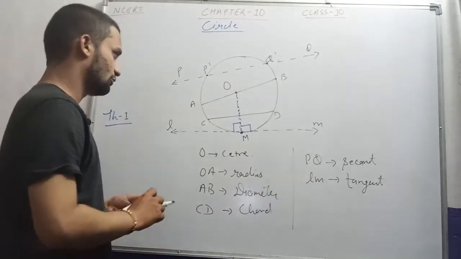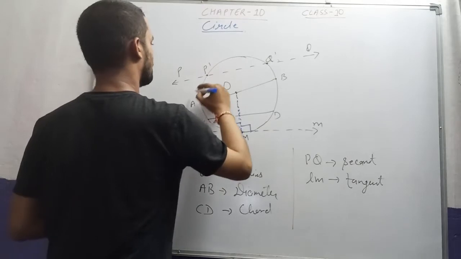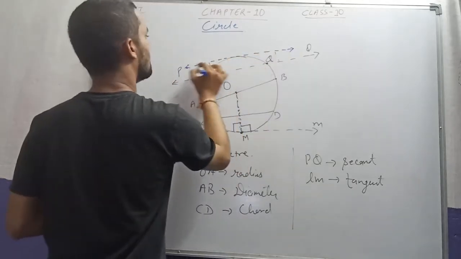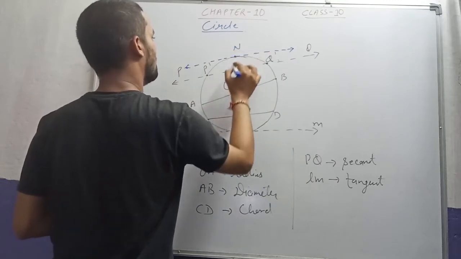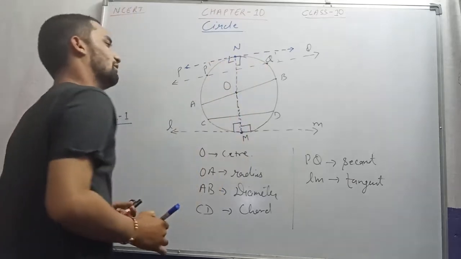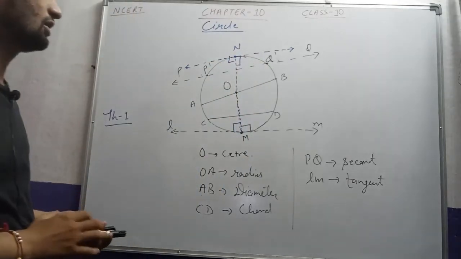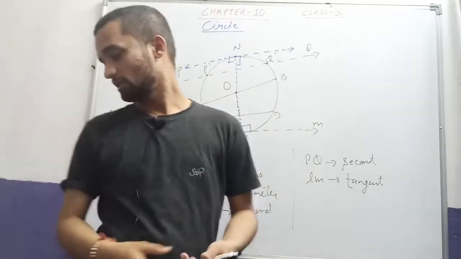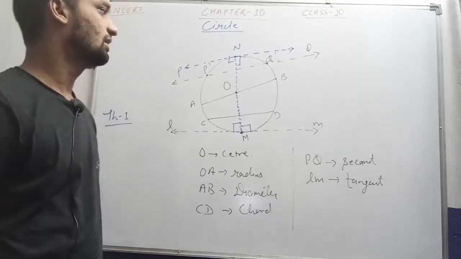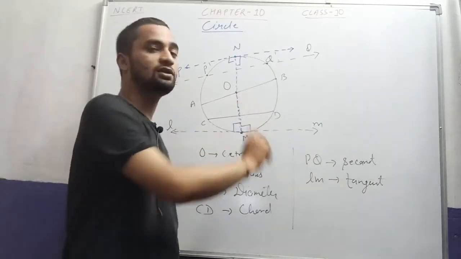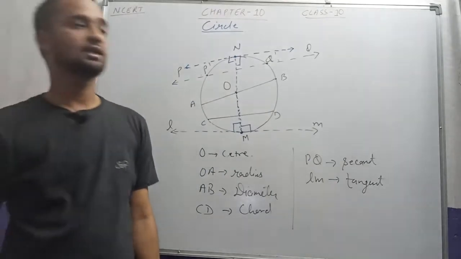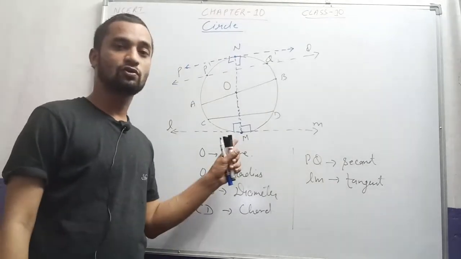Like this: suppose this is a tangent at point N, and if we join ON, then it will be perpendicular. So this is theorem first, which says the tangent at any point of a circle is perpendicular to the radius through the point of contact.